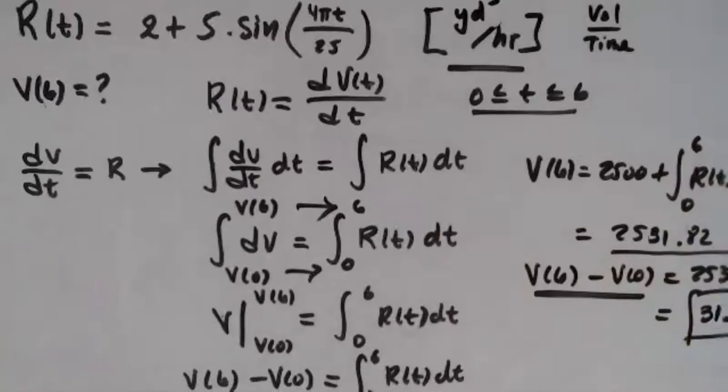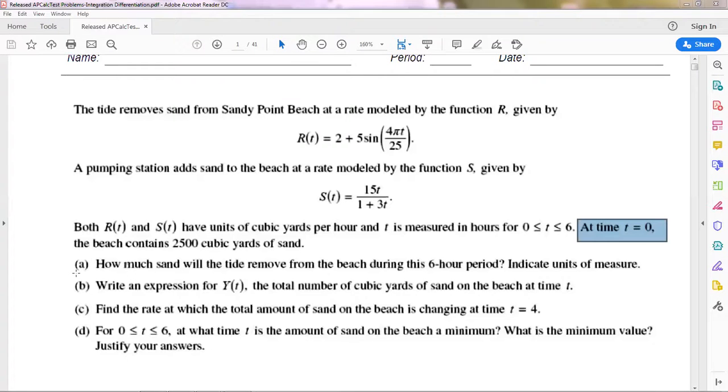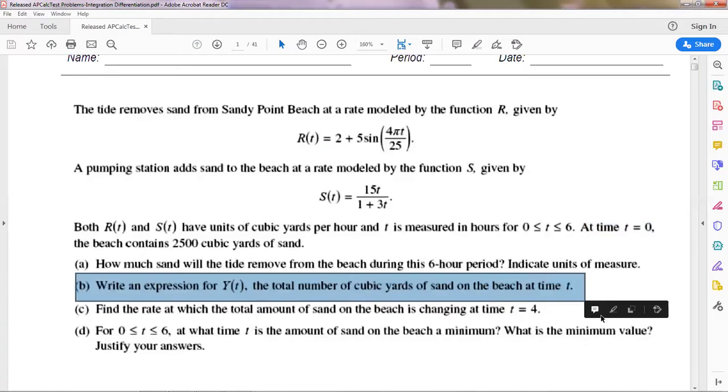So the next question is this one right here. Write an expression for y of t, the total number of cubic yards of sand on the beach at time t. Now, again, you have to remember the problem, what you read at the beginning.